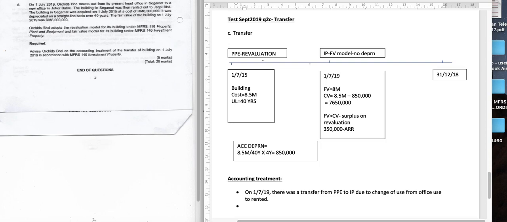Okay, and then the fair value of RM8 million is compared with CV of RM7,650,000.